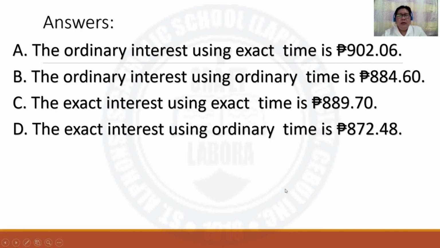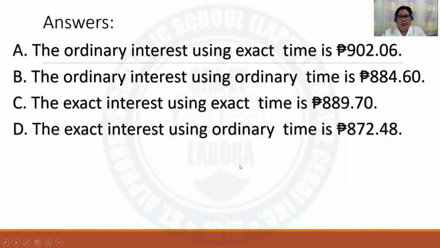So, as a borrower, which do you think is favorable to you? Is it letter A, letter B, letter C, or letter D? Or if you are the investor, which do you think your company will gain more? Is it the computation of letter A, letter B, letter C, or letter D?